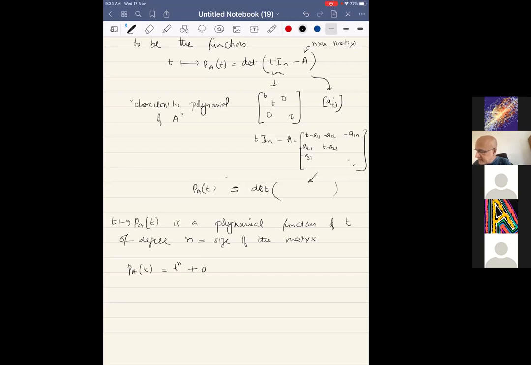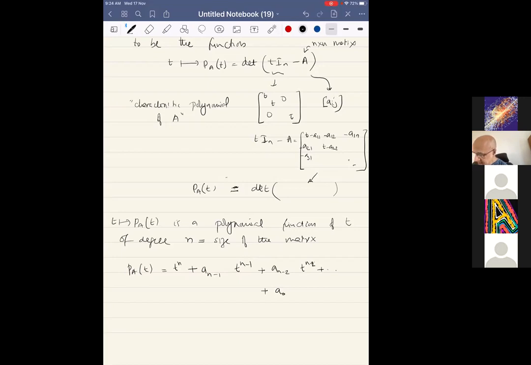Then I have a term of degree n minus 1, of the form a_{n-1} t to the n minus 1, plus a_{n-2} t to the n minus 2, and so on until you come to a constant a_0.